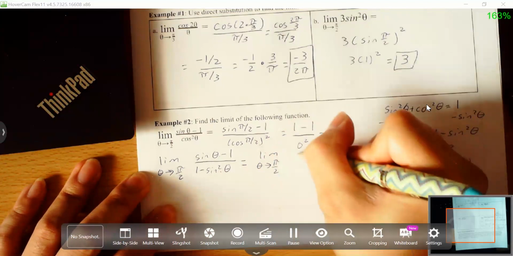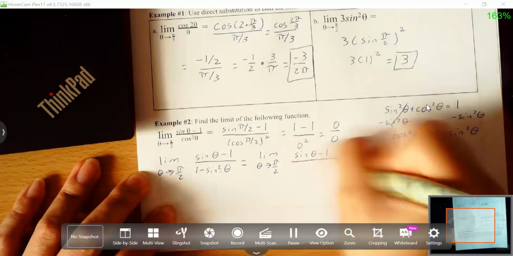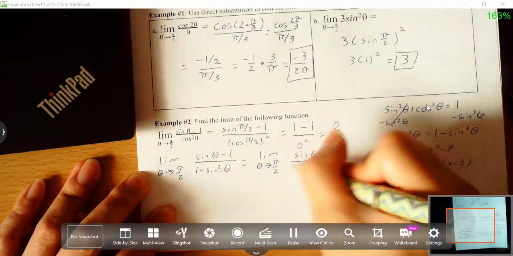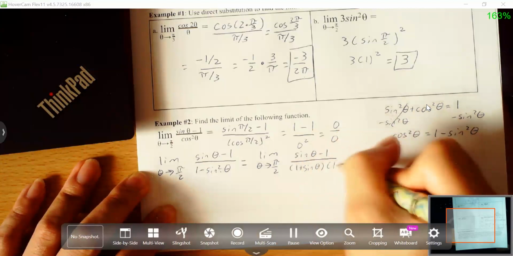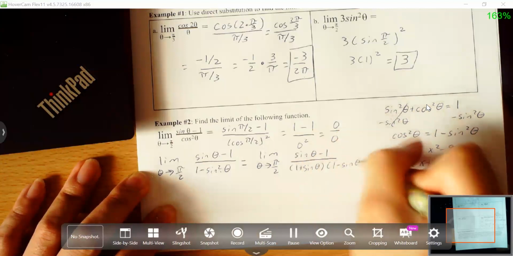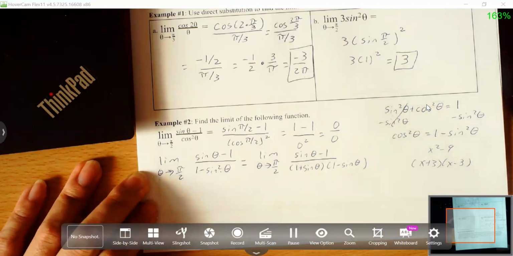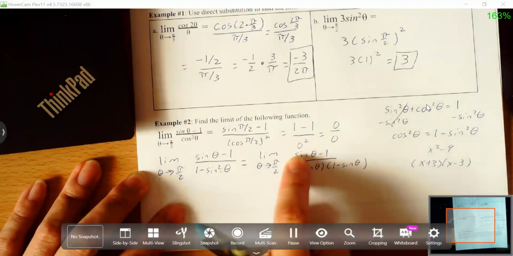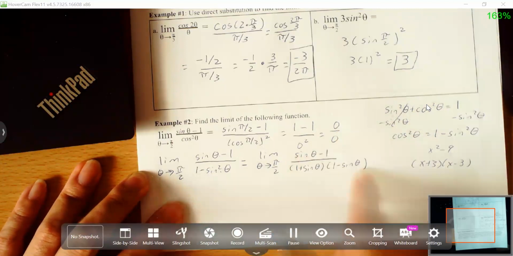So the top is still sine theta minus 1. And then the bottom is 1 plus sine theta, 1 minus sine theta. Okay. Now we can cancel the sine theta minus 1 and the 1 minus sine theta. But remember, they're subtracting and they are switching places.